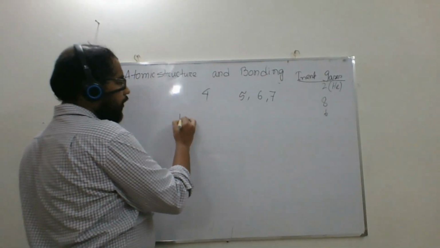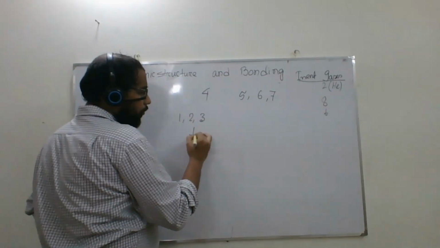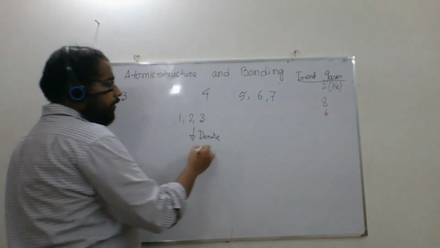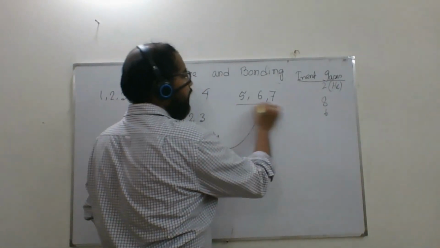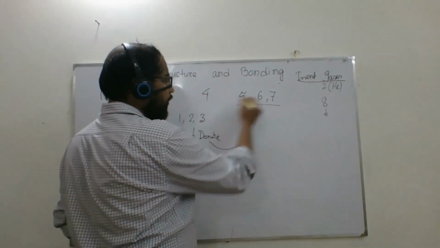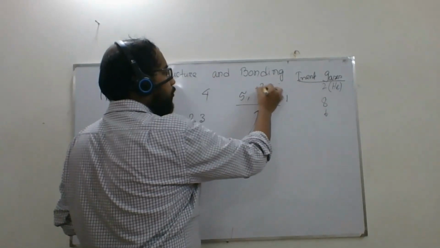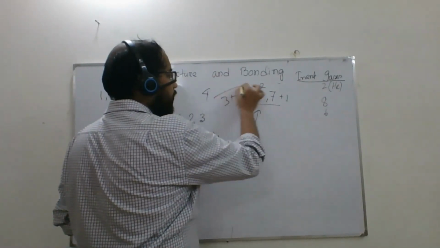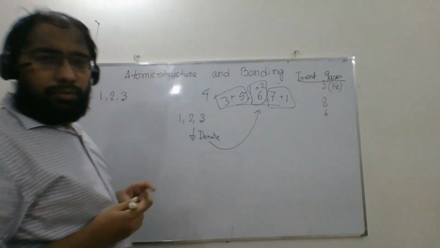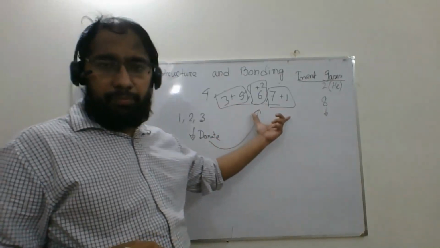Those who have 1, 2 or 3 electrons can donate them, and this donated electron can be accepted by these elements. By accepting 1 electron it will be 8, accepting 2 electrons it will be 8, accepting 3 electrons it will be 8, all of them are 8. So this is one of the ways. That means someone will donate and someone will accept.